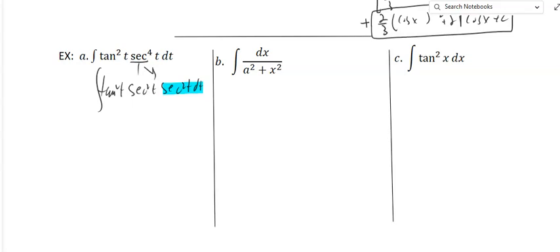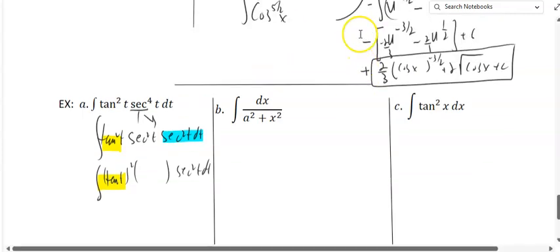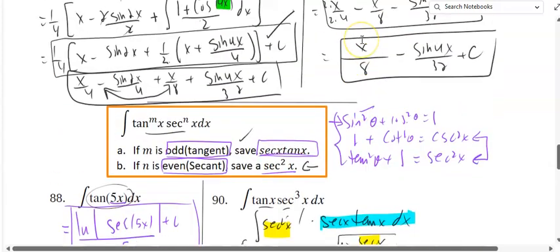What do you take a derivative of to get secant squared? You take a derivative of tangent. Derivative of tangent is secant squared, which means I have to get rid of that by using the identities. And what does secant squared equal? Again, I showed you how to derive those.